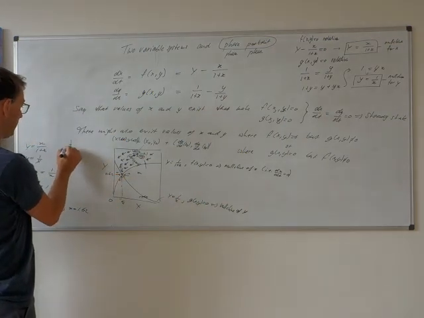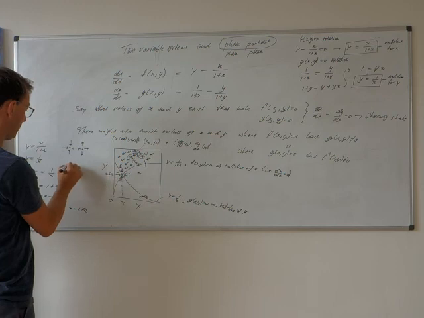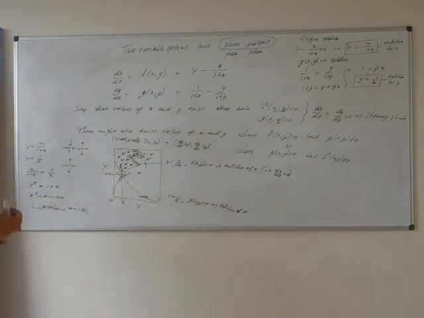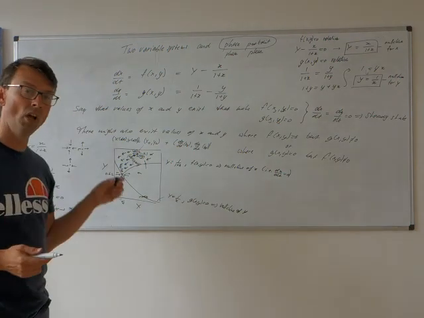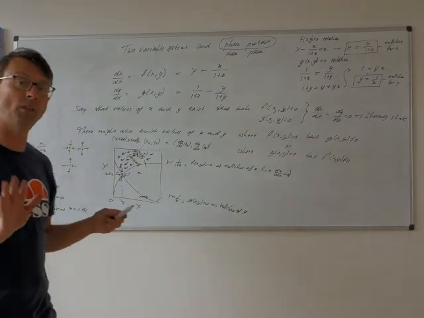So it could look like this, it could look like that, or it could look like this. There are all kinds of options. So you can classify steady states according to the flow patterns around these steady states. And that's something that we're going to do later.